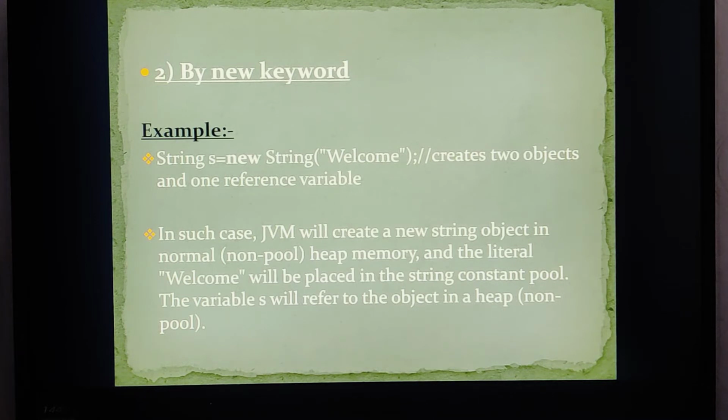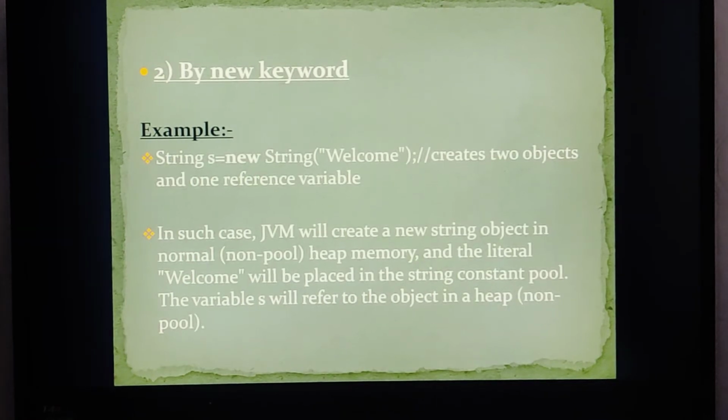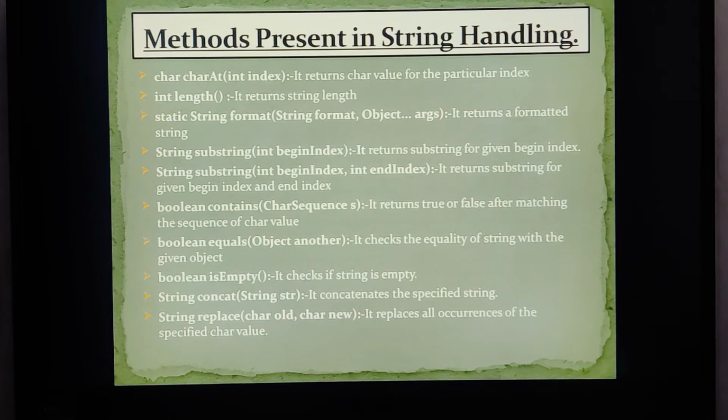But when I create using the new keyword, then two objects get created. One is in the heap memory area, another is in the string constant pool, and the reference variable will point to the heap memory area object. So how many ways we can create a string object is completed.